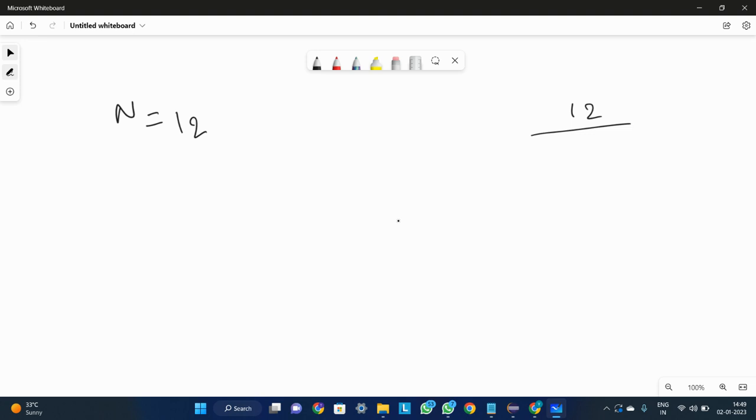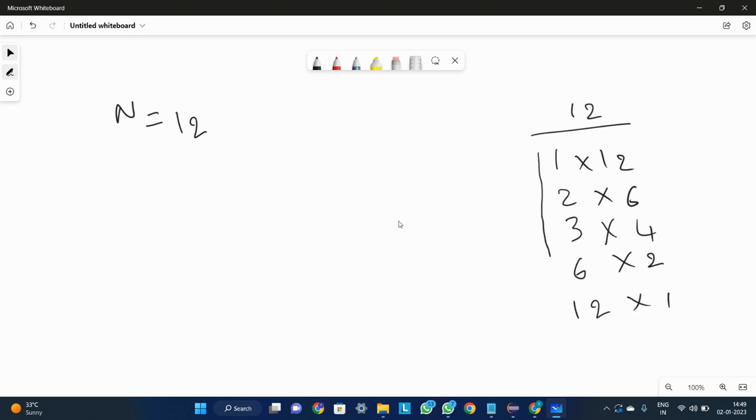We can write 12 in the ways 1 into 12, 2 into 6, 3 into 4, then 4 into 3, 6 into 2, then 12 into 1. So these 1, 2, 3, 4, 6, 12 are the factors of 12.